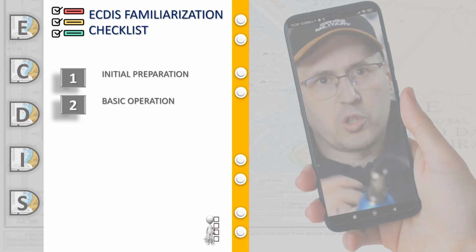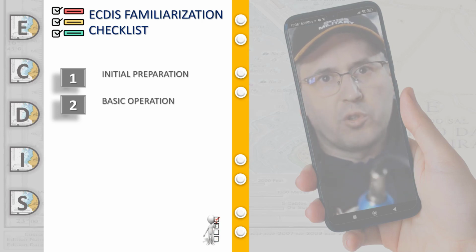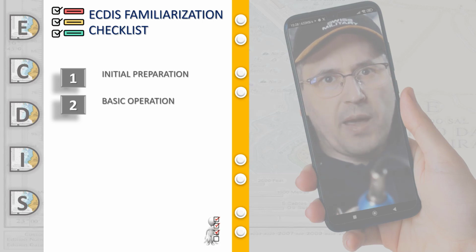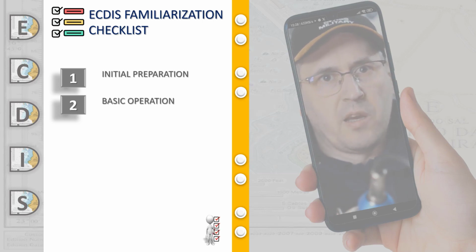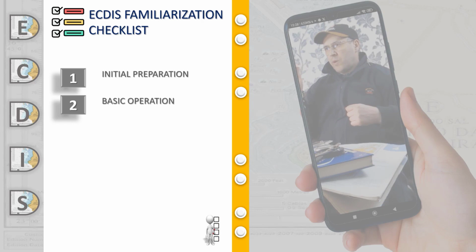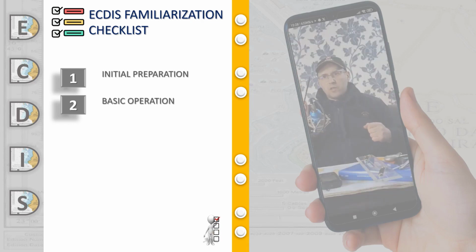Officer on the watch must be able to determine how to select the display base and standard display of the system. We have to be able to determine how to display other information from ECDIS, including the display of all other information. Also, we need to determine how to check that information concerning ownship, such as dimensions, are correct.